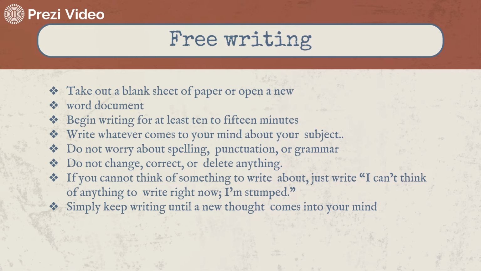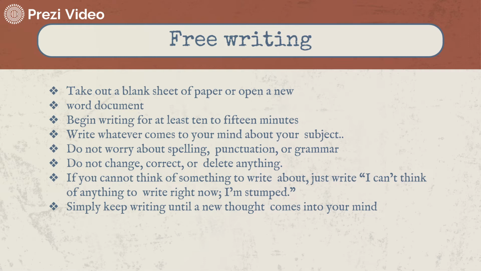For example, we're going to talk about bully. So you're going to write everything about bully, the definition, the type of bully, and you would like to also share examples of bully. That's depending on your preferences. Again, do not worry about spelling, punctuation, or grammar. Do not change, correct, or delete anything if you are somehow having this writer's block.